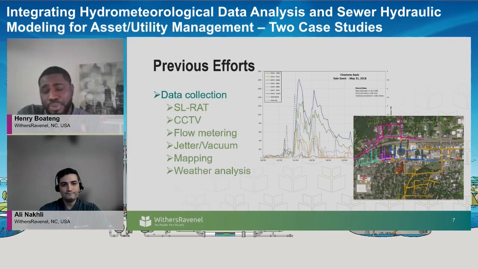As I said, previous projects have been run: SLRAD, CCTV, flow metering, data mapping, and even weather analysis. So work has been done in this particular basin to try to solve the hydraulic problems they've been experiencing. There are other projects like running a parallel line, and also doing something called a private line disconnect, where the city goes around to check if there are any pumps connected to the sanitary sewer that are not supposed to be connected.